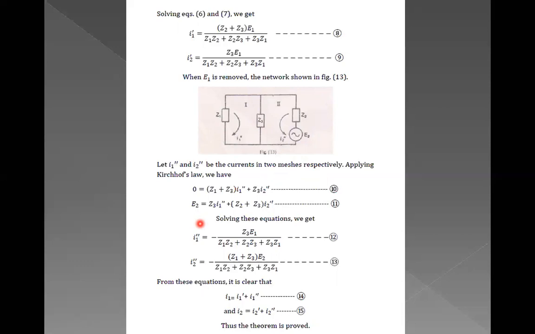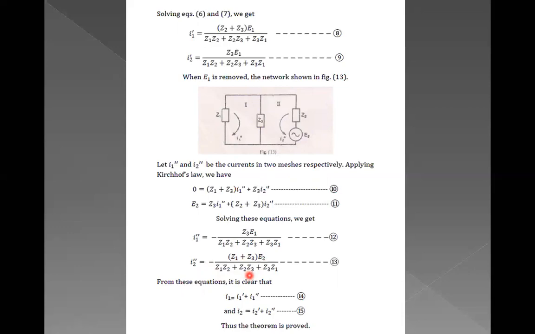If you solve equations 10 and 11, we get I1 double dash as minus Z3 E2 divided by (Z1 Z2 plus Z2 Z3 plus Z3 Z1), and I2 double dash as minus Z1 Z3 into E2 divided by (Z1 Z2 plus Z2 Z3 plus Z3 Z1).